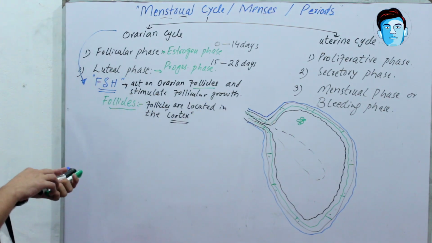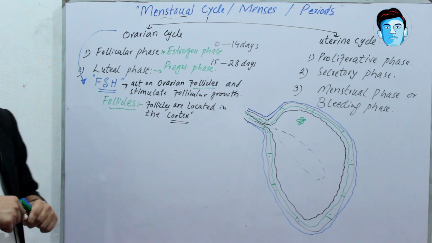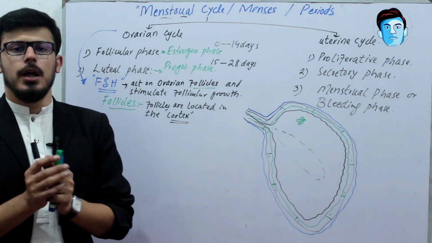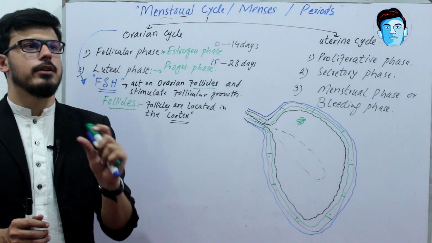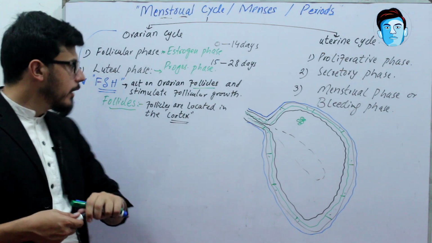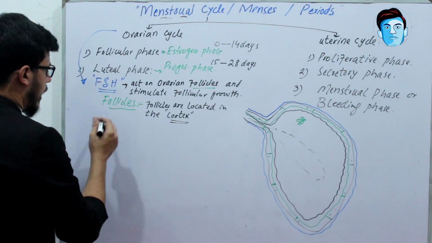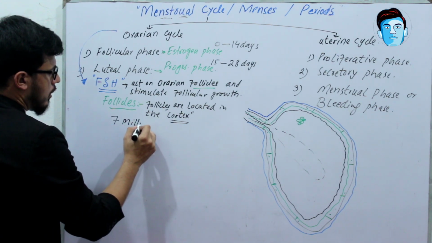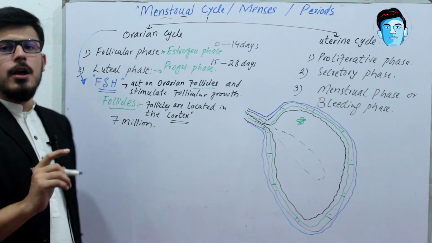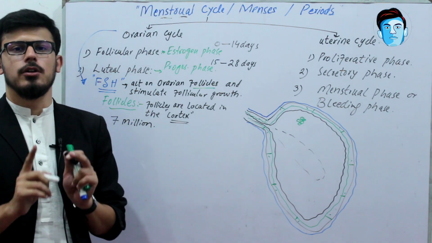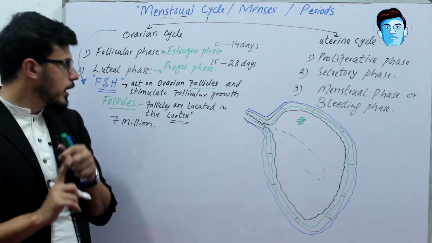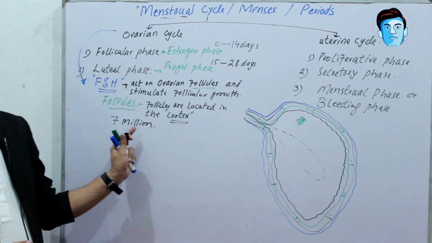Now initially there are primordial follicles. If the fetus is a female baby, at around 5 months the number of primordial follicles is around 7 million.